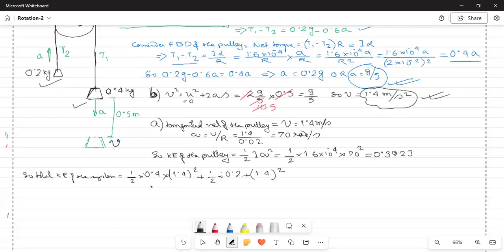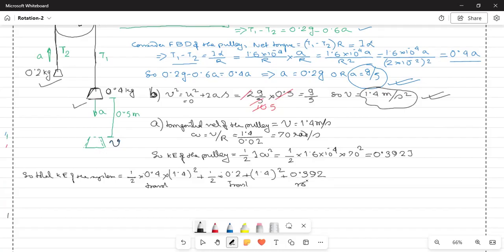This is the translational kinetic energy. This is also translational kinetic energy, plus this is the rotational kinetic energy, 0.392.